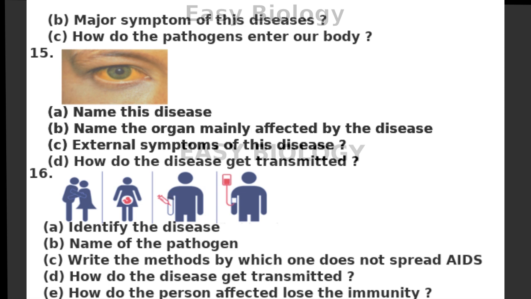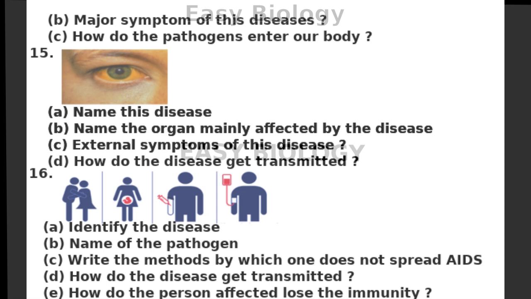Answer: appearance of reddish scaly rashes that cause itching. Question 14C. How do the pathogens enter our body? Pathogens enter through the toes when they come in contact with contaminated water and soil.